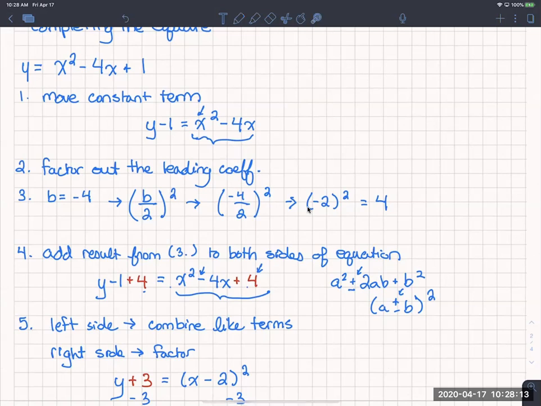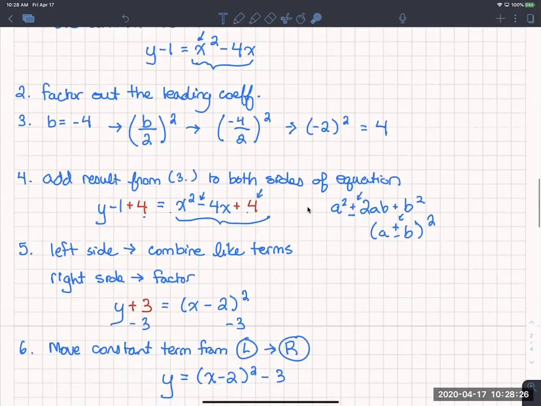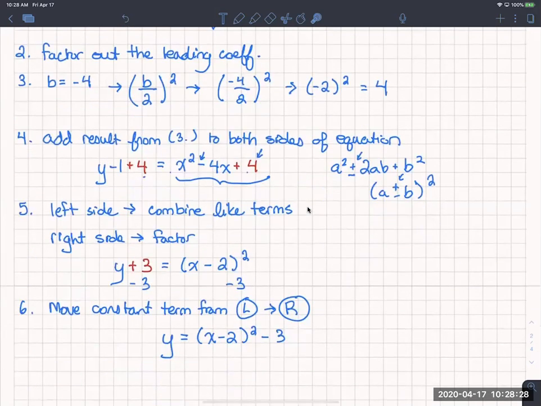and -2 squared is 4. Then we took this result and added it to both sides of the equation. Step 4. Step 5, left side, we combined like terms. So -1 plus 4 is +3. And we factor the right side.